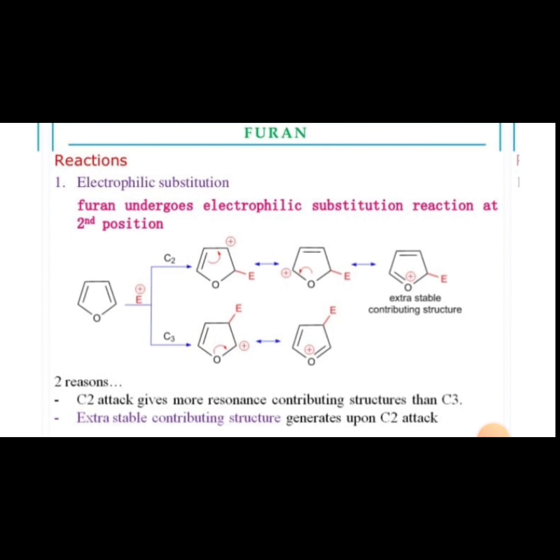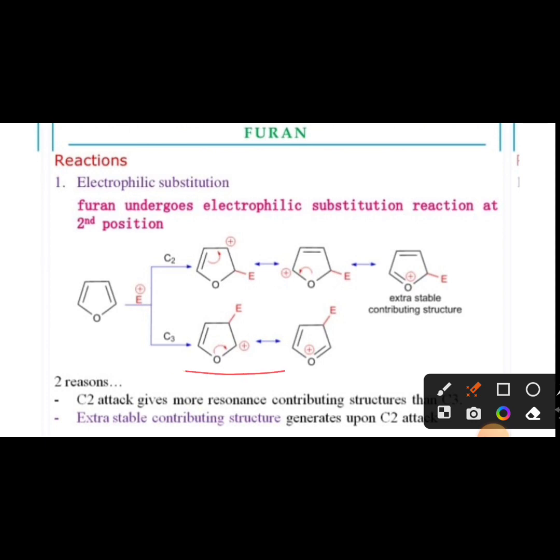Now see the reactions of furan. First is the electrophilic substitution reaction. It is the same as pyrrole. Furan undergoes electrophilic substitution reaction at the second position. Here furan is present, the electrophile is present. Here second position reaction, there are 3 resonating structures.